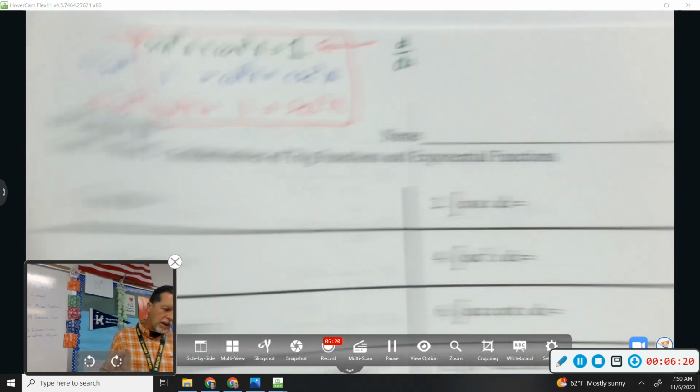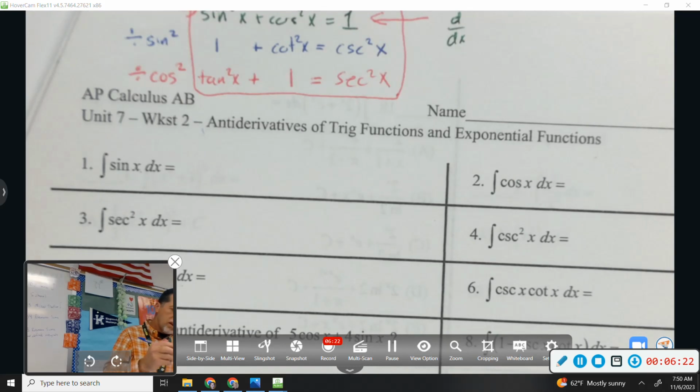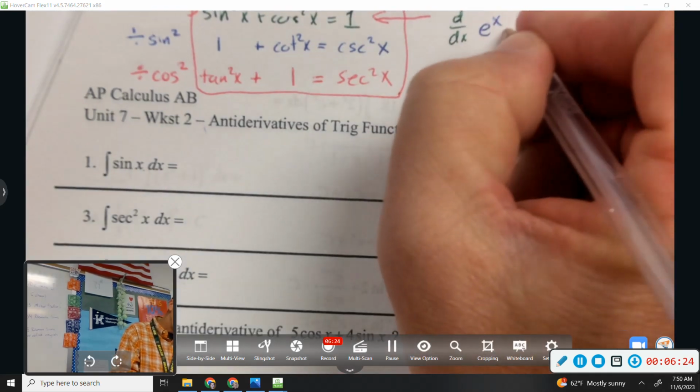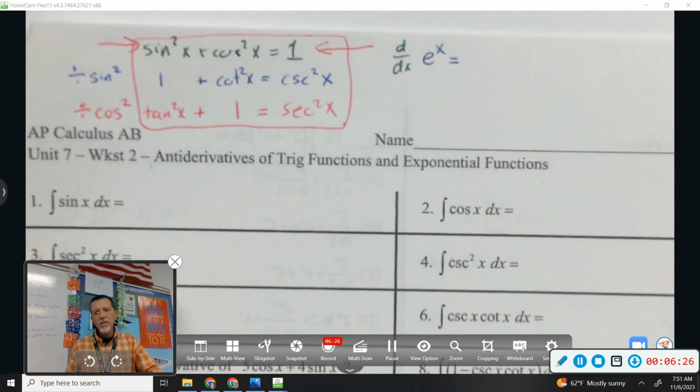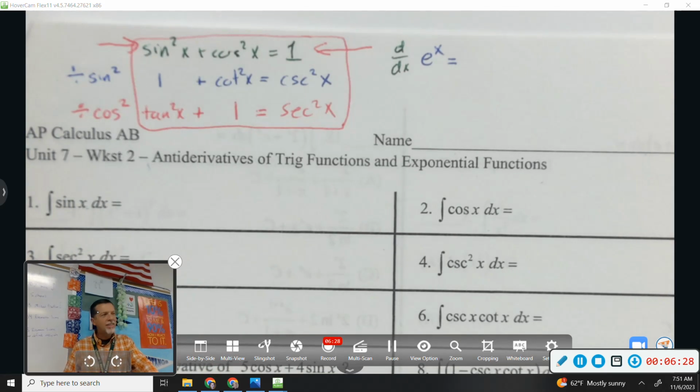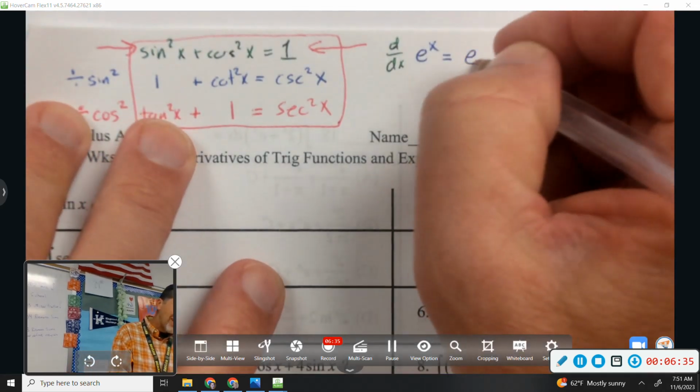Okay, speaking of review, what's the derivative of e to the x? Lauren, say it. E to the x. It's the one we like.